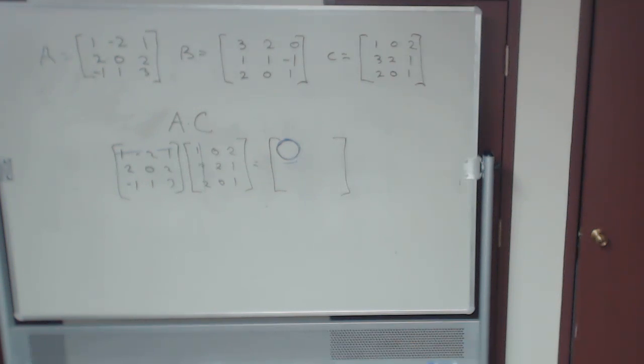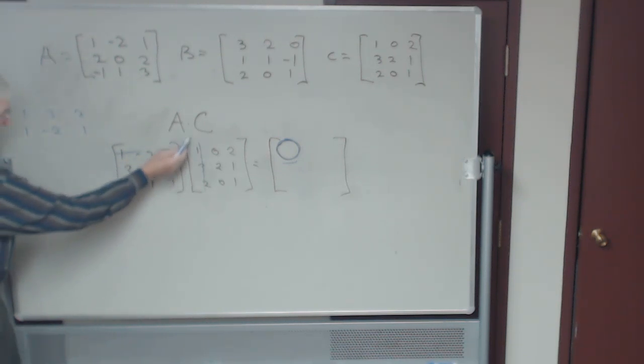I don't like matrix multiplication. So watch what I do. I go 1, negative 2, and 1, and see that? 1, 3, and 2. This row times this column.